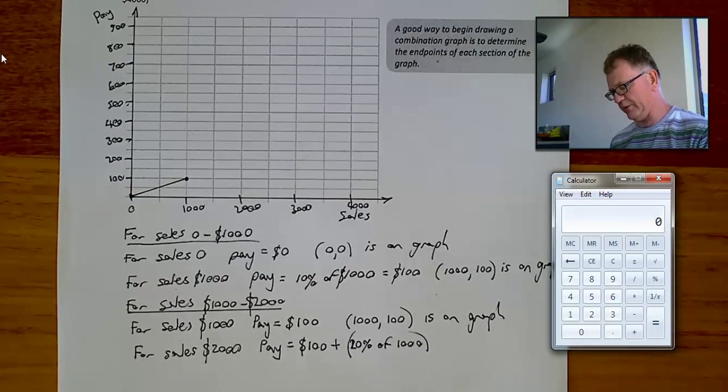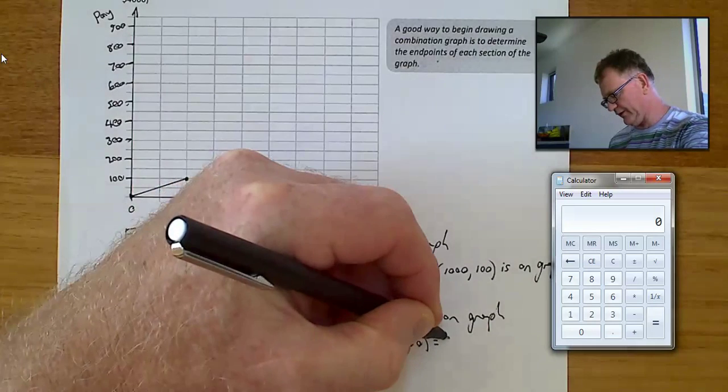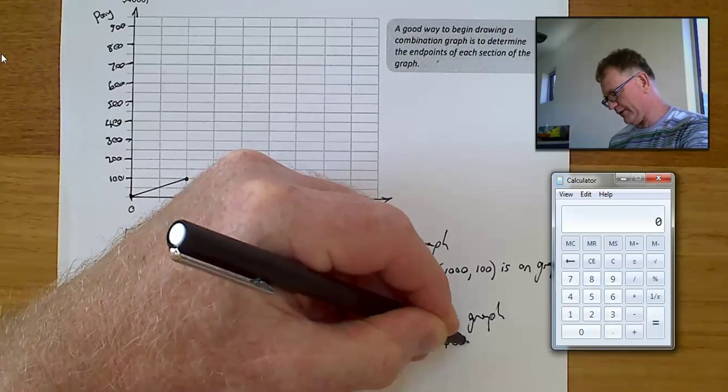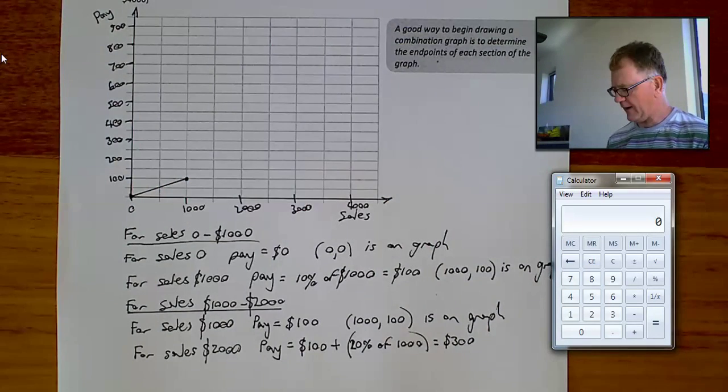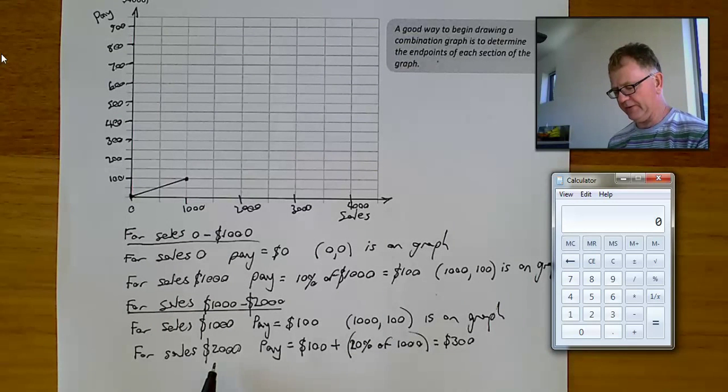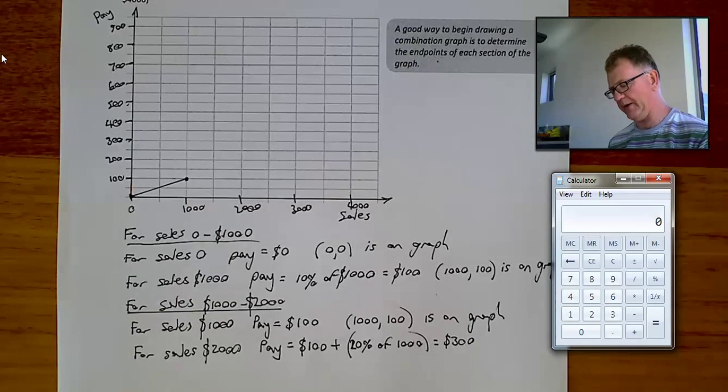So how much will you earn? 20% of 1,000 is 200 plus another 100 equals $300. So we've found that this particular pay bracket starts at 1,100 and the end point is when he sells $2,000 worth of goods and gets paid $300.